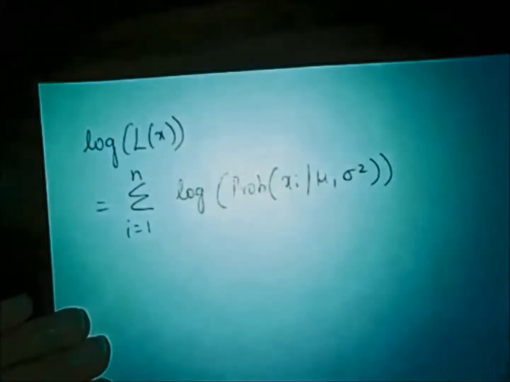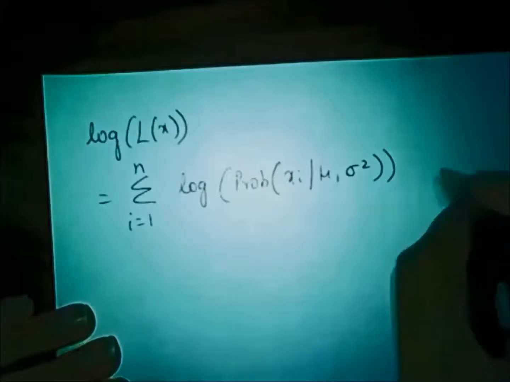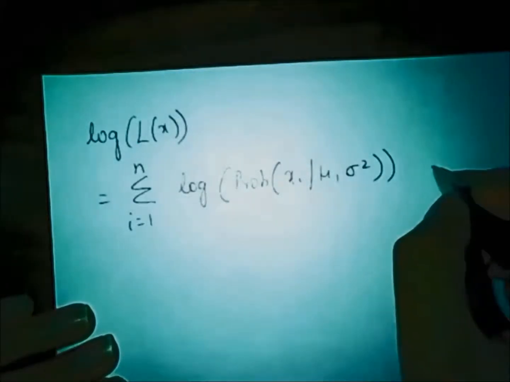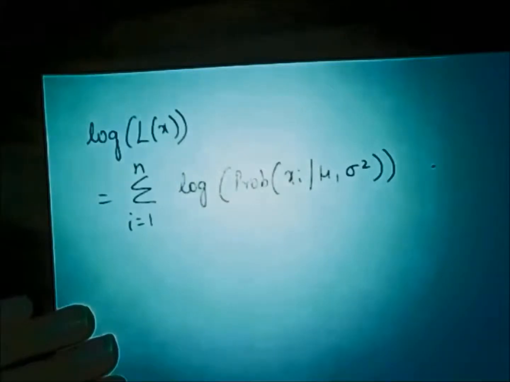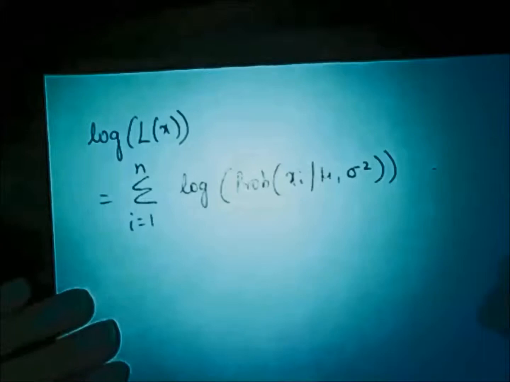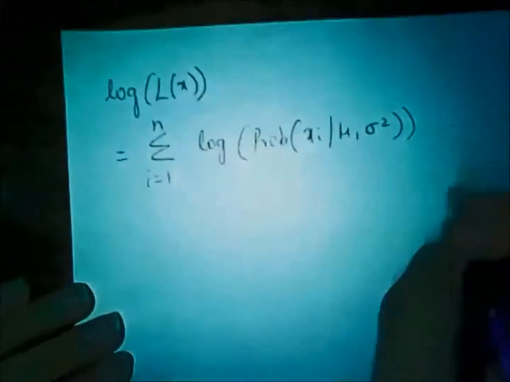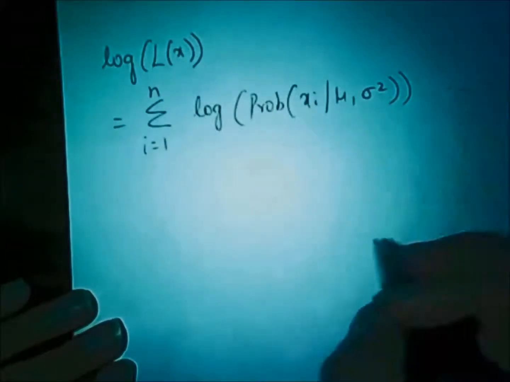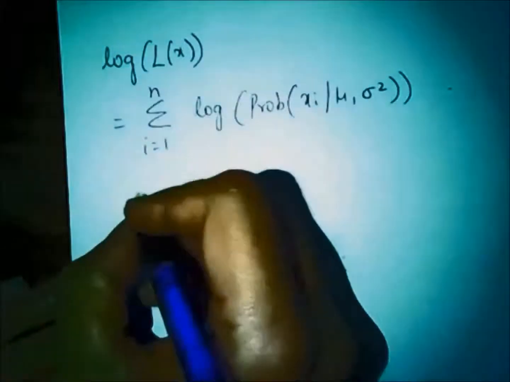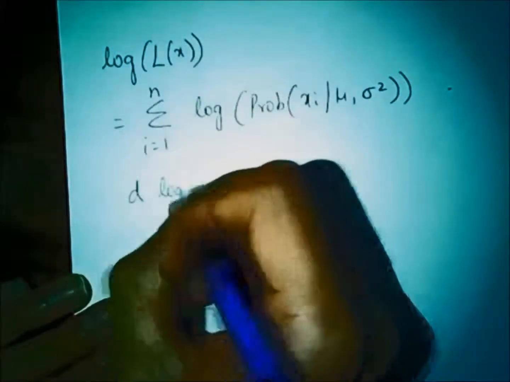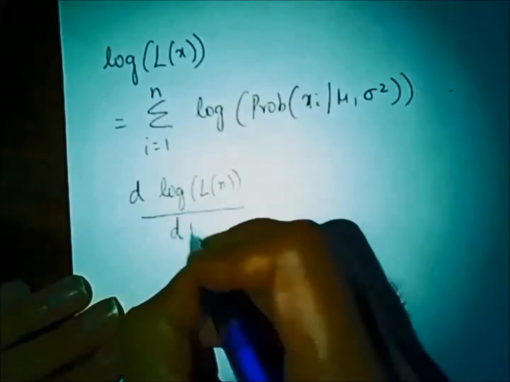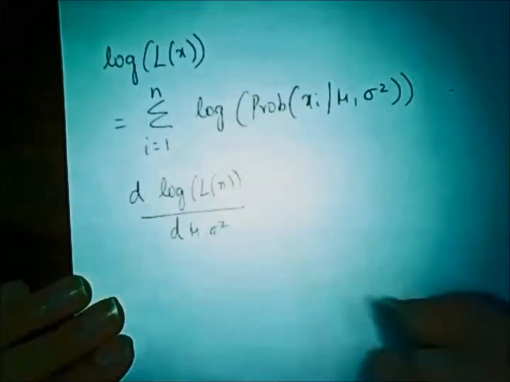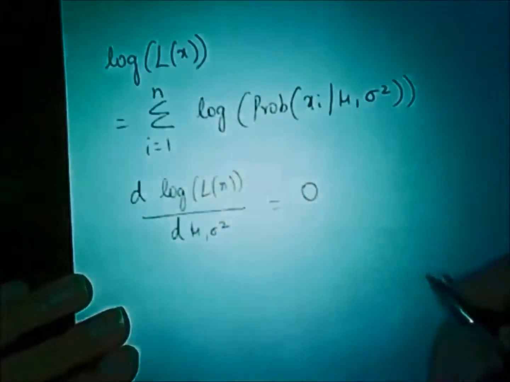And we are going to equate the derivative of the log of this function to 0. So once we have the log likelihood, we're going to do the derivative of log likelihood over the parameters, and we are going to set it to 0.